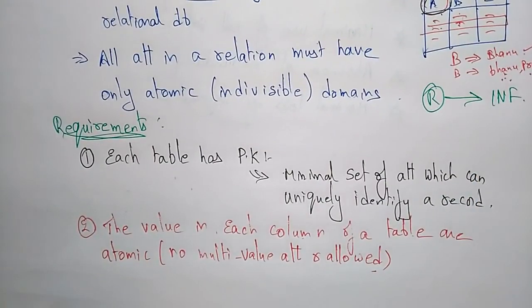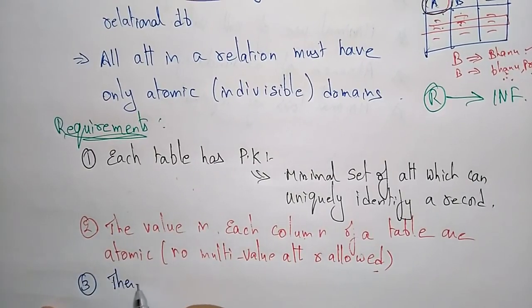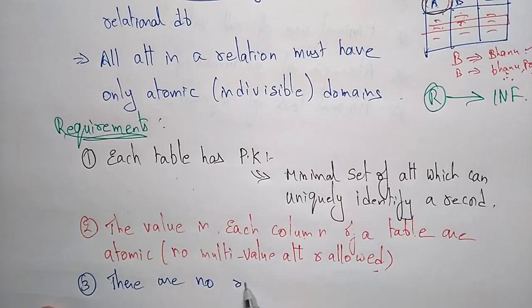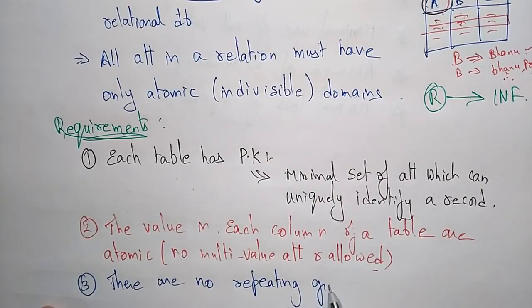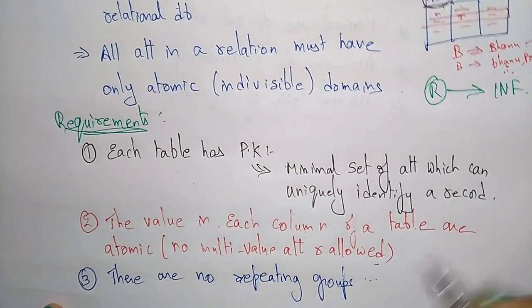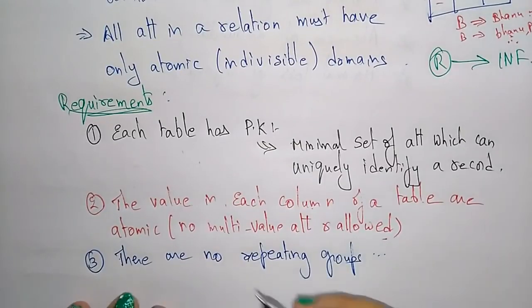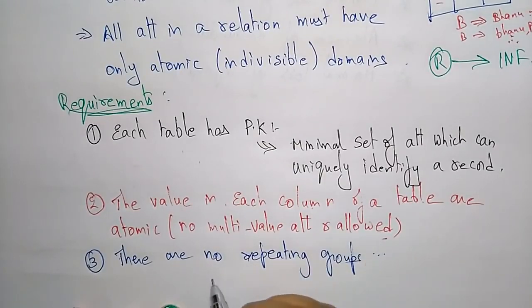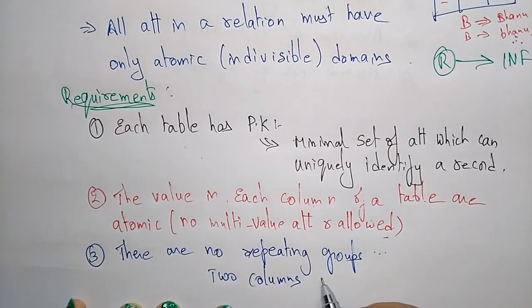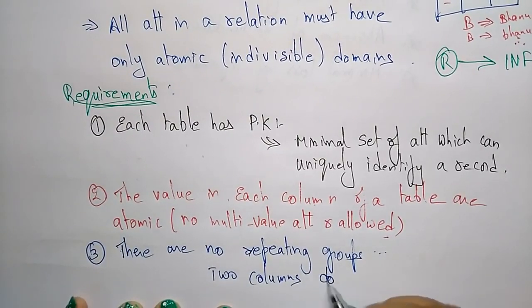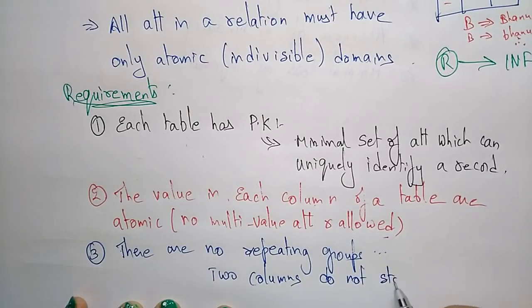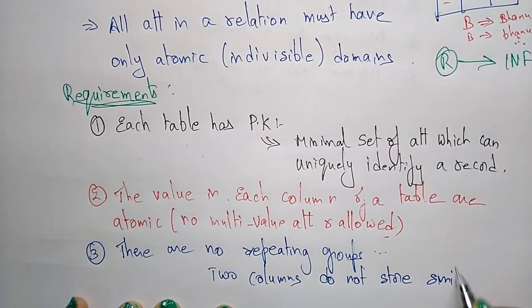And the third one is that there are no repeating groups. What do we mean by repeating groups? Two columns, two attributes, two fields, do not store similar information.